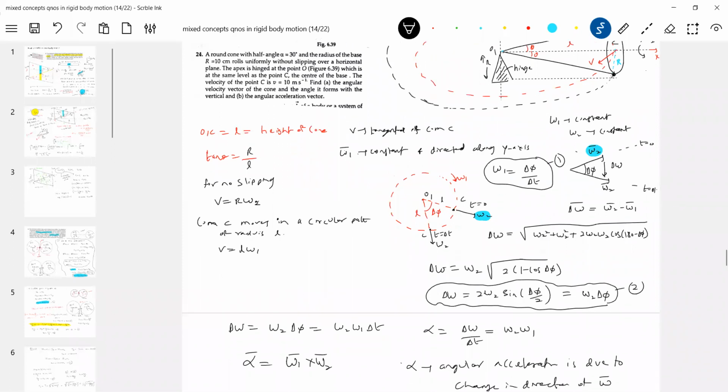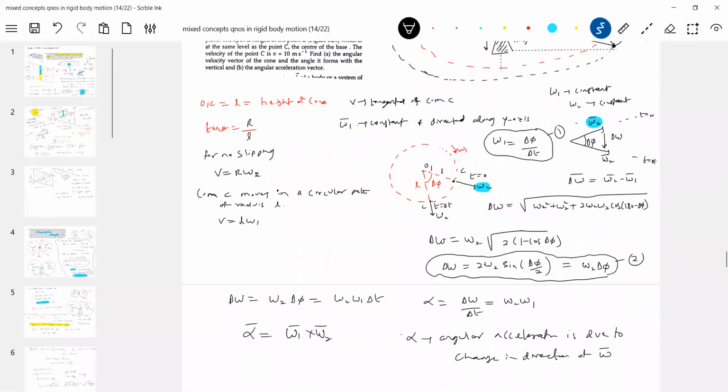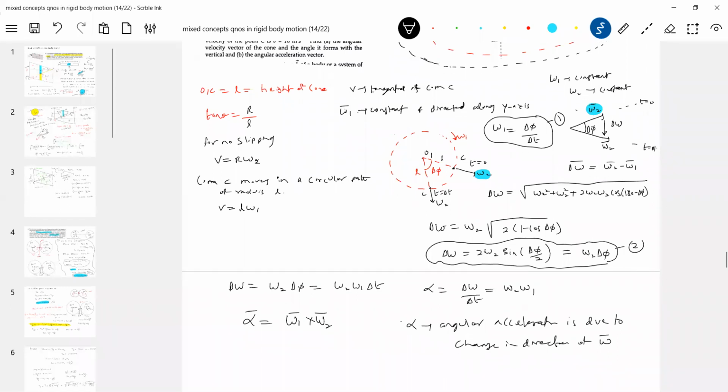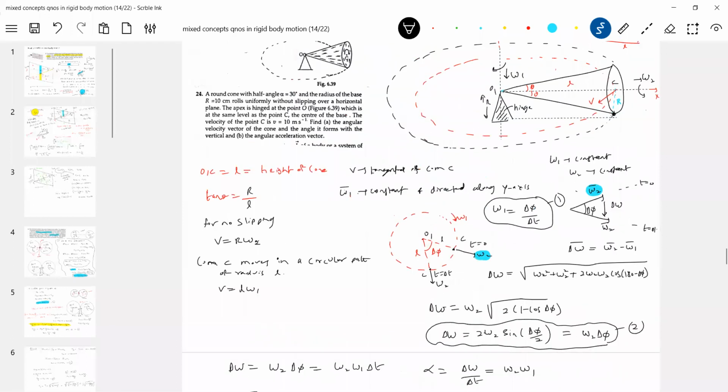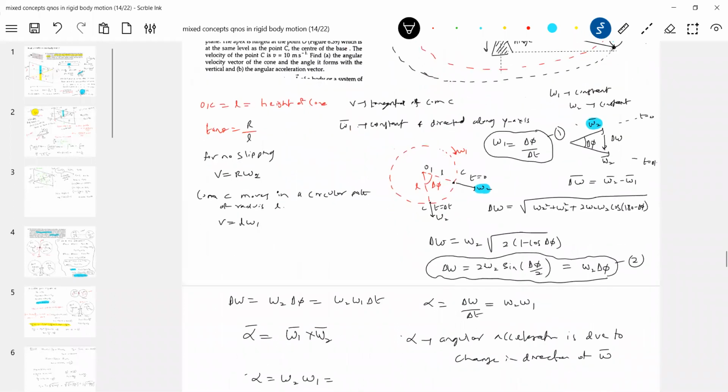So let me get into the calculation part. And this is a theoretical idea now. So what is alpha? What is omega 2? Omega 2 should be equal to V by R. And what is omega 1?